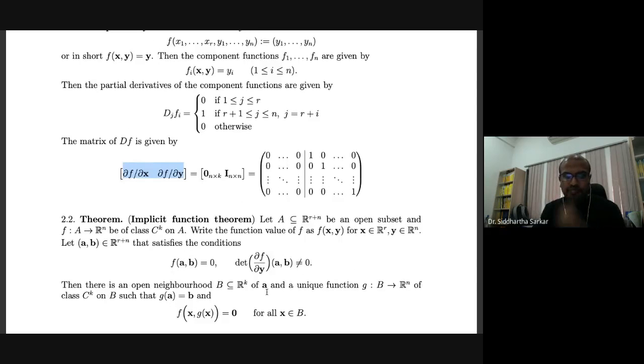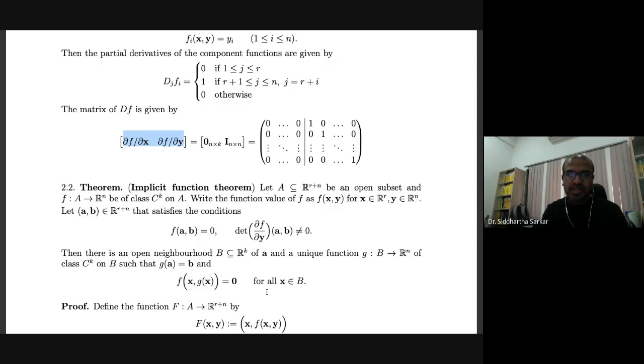Okay, so what does the implicit function theorem say? Again, the setting is the same. You take an open subset of R to the power r plus n, and take R to the power n on the right, and assume f is of class Ck.